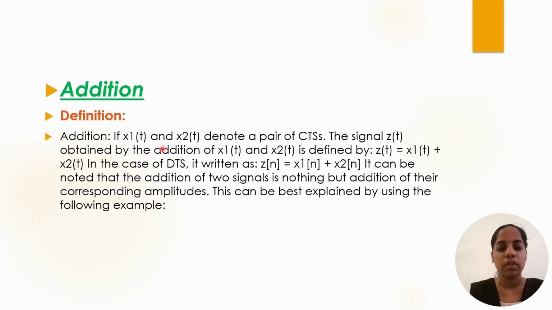Add x1 of t with x2 of t and we get z of t. For discrete signals, x1 of n and x2 of n are added and we get z of n.